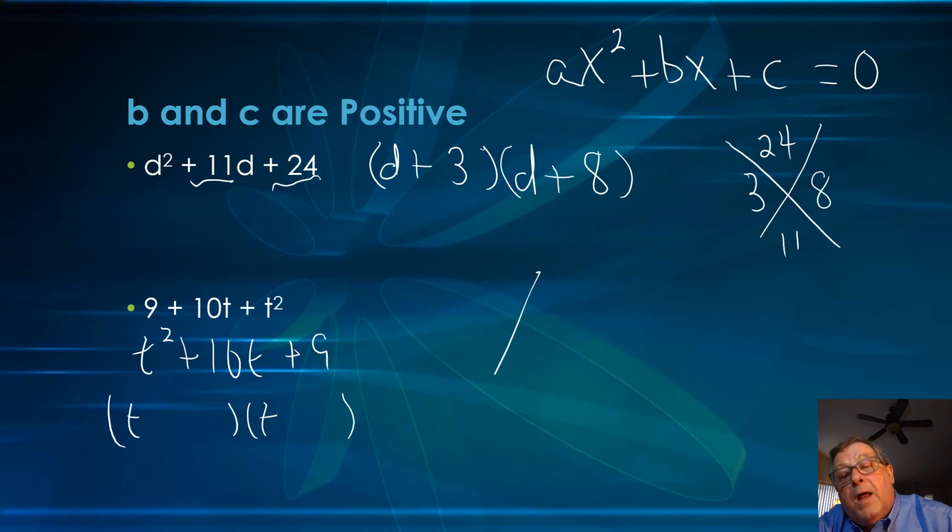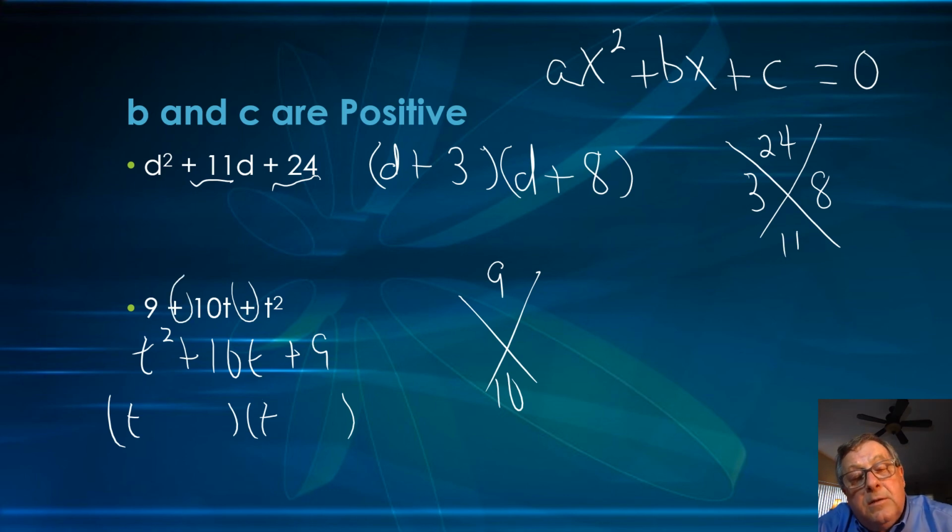And now I'm looking for two numbers that are going to multiply to 9 and add to 10. These both are positive. So inside my parentheses, I can put a plus plus. Because for two numbers to multiply to a positive number and add to a positive number, they both got to be positive.